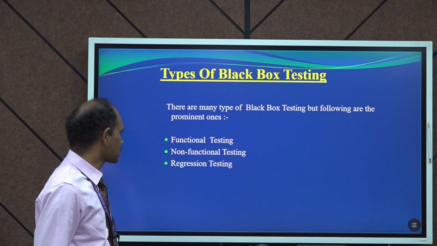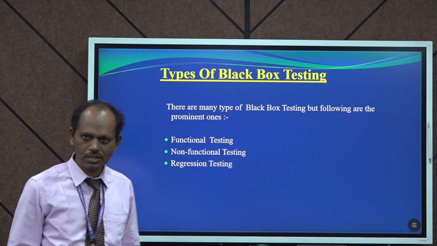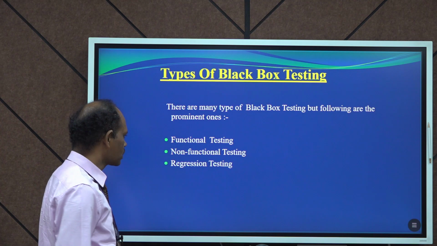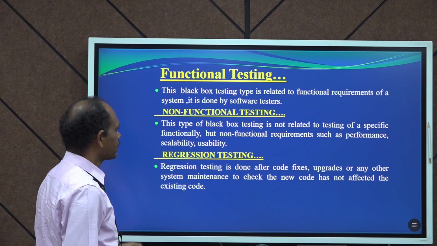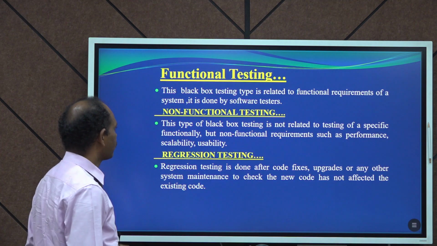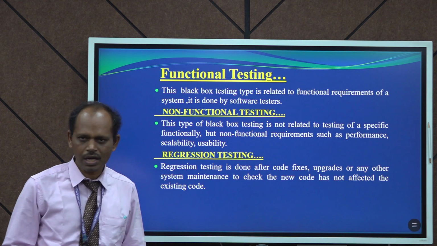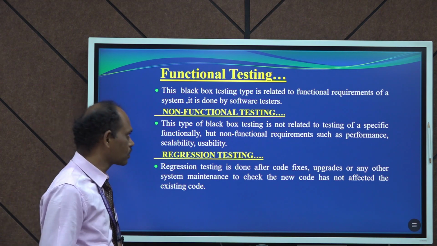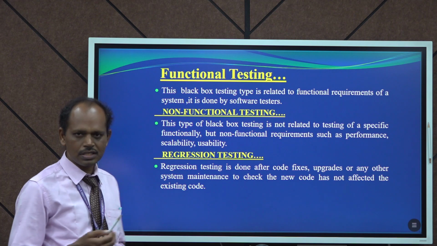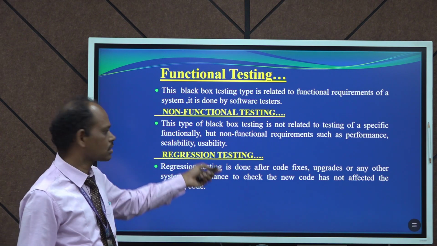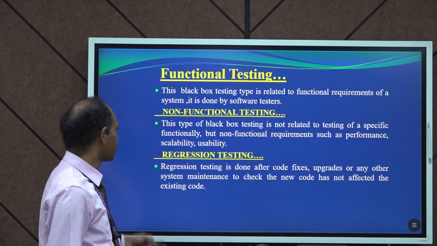Types of black box testing: functional testing, another one is non-functional testing, third one is regression testing. Functional testing, what does it mean? It is related to functional requirements. It will check the functional requirements of the system. It is mainly done by the software tester, not the developer.